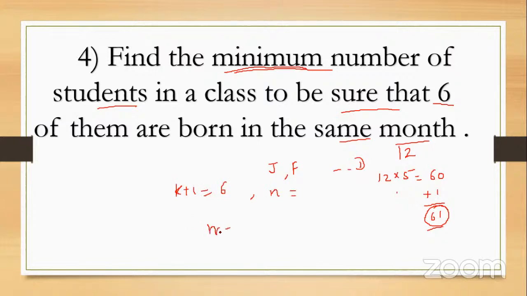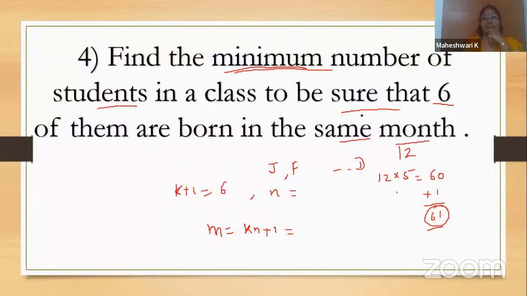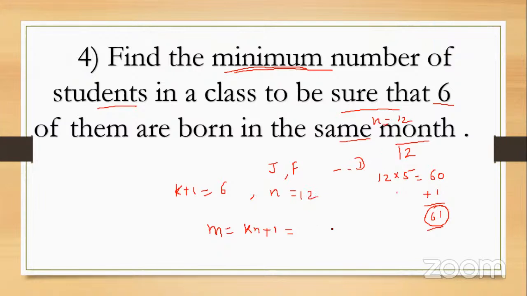So the minimum number M, where N would be the number of months.